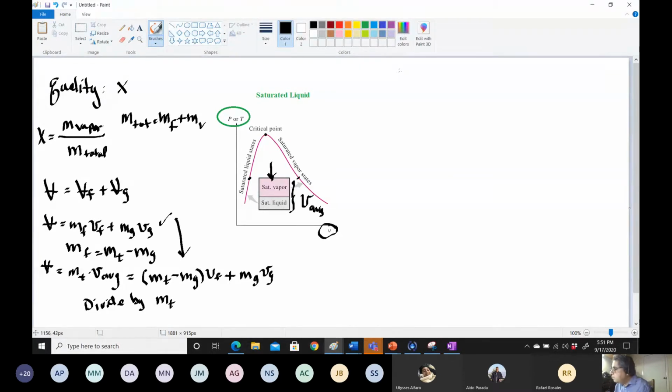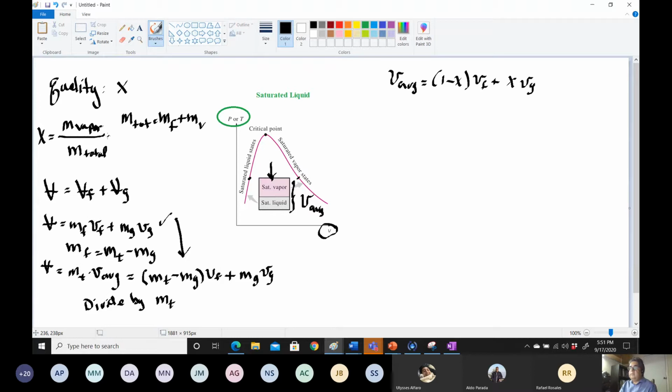If we divide by m_t, we get that the V average is equal to 1 minus x times V_f plus x times V sub g. All right, so we just divided by m_t, and that gets to this that I just defined.